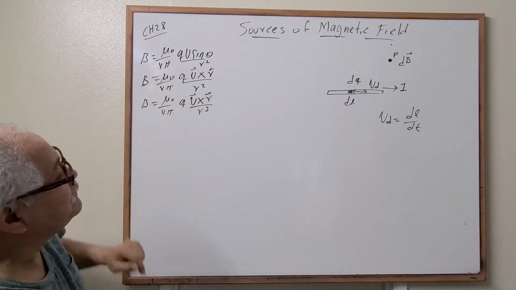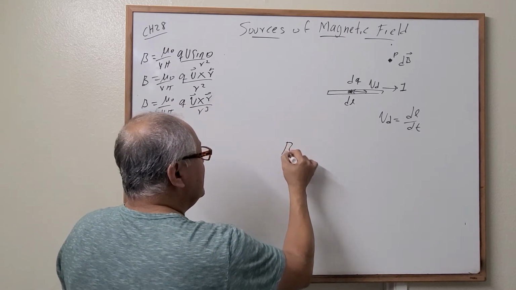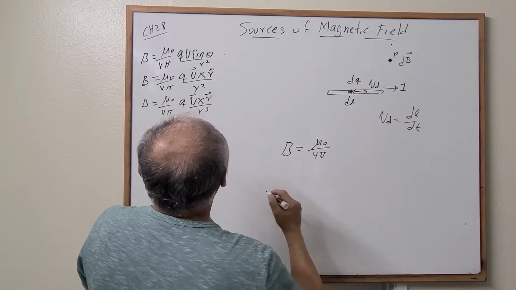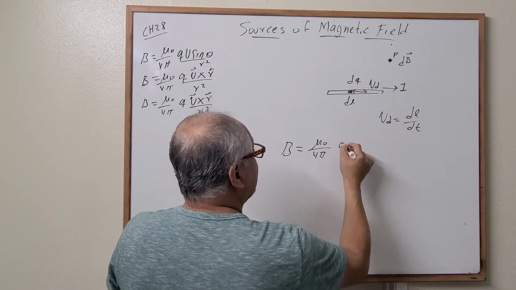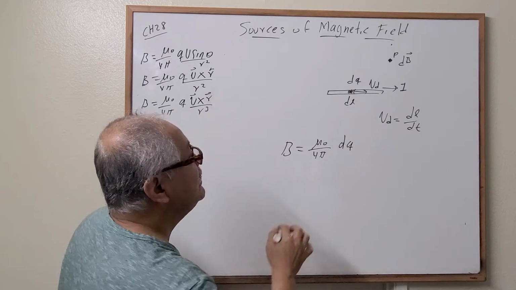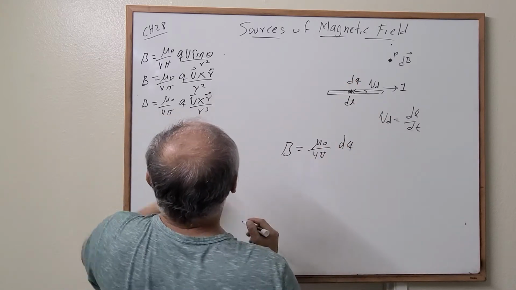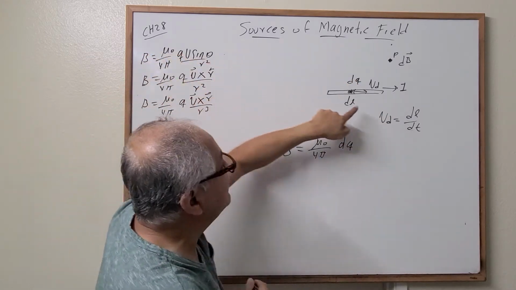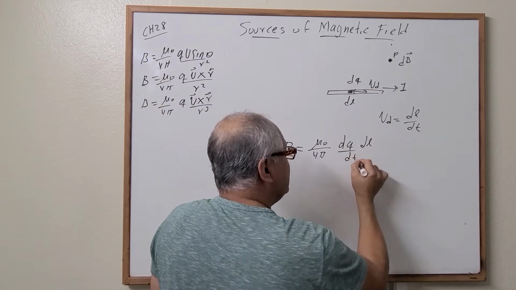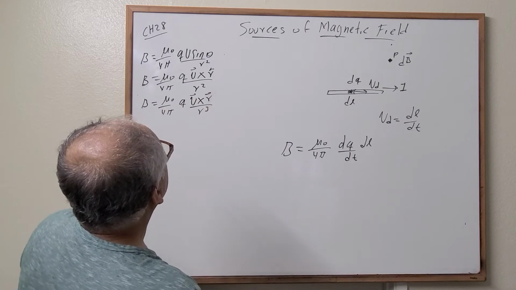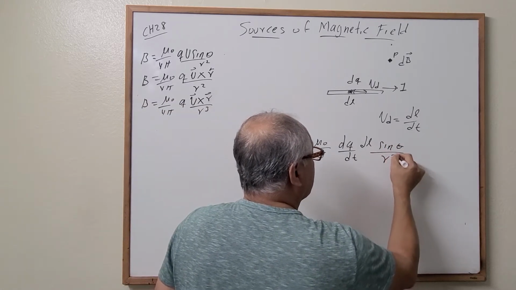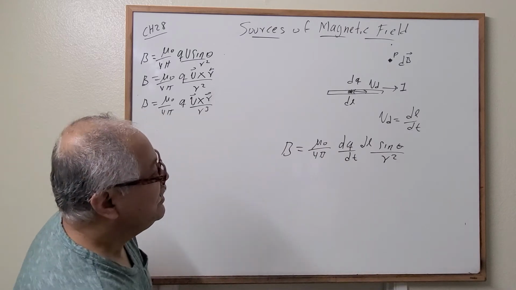We use this one. We have B equals mu naught over 4 pi times, in this case, this is more charge, this one right here, correct? Now this velocity is going to be the drift velocity right here, which is dl over dt, correct, times sine theta over r squared. What is this quantity?